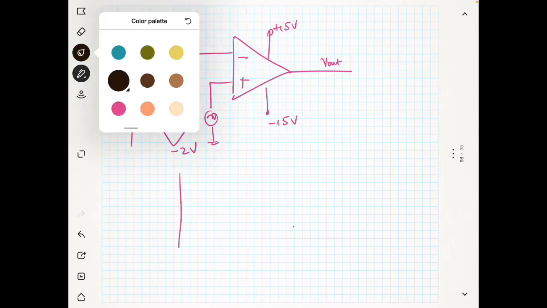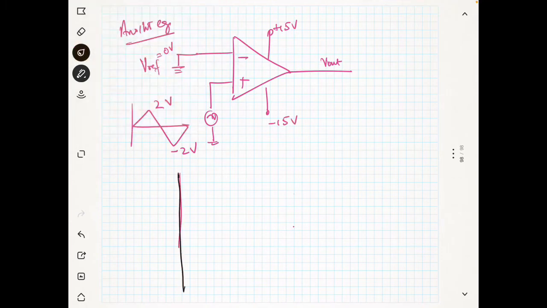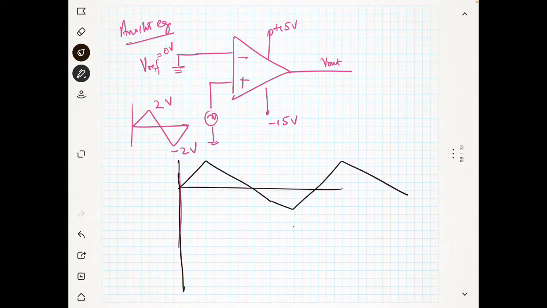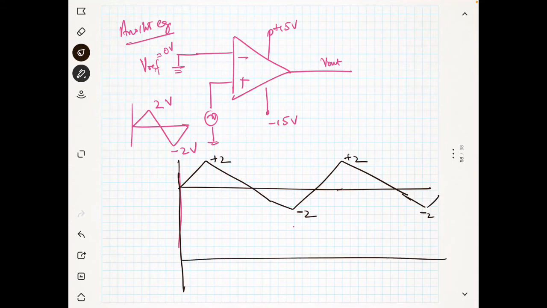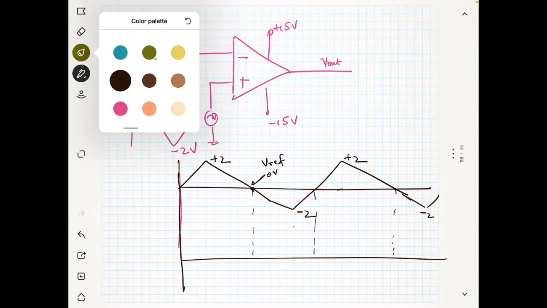So I can draw my input and output in the same figure. This is plus 2 and minus 2, and I can draw my reference point here, because 0 volt is my reference.